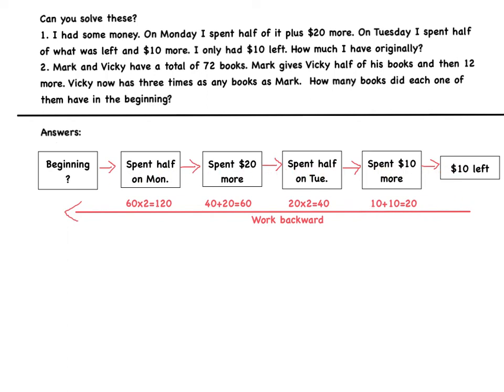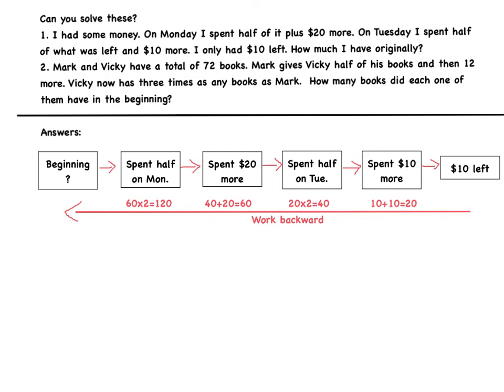So for instance, the last step was like spend $10 more, meaning subtract 10. And so the inverse operation is addition. And for this step here, we spent half, meaning divide by 2. So the inverse operation is multiply by 2, etc.